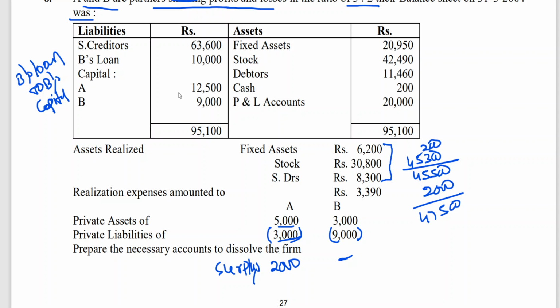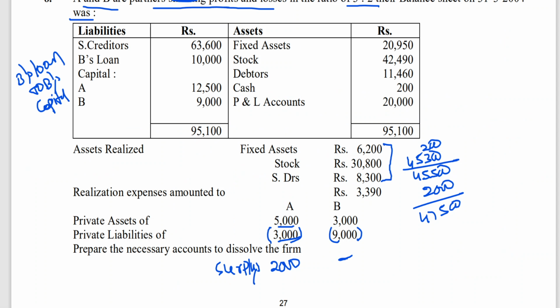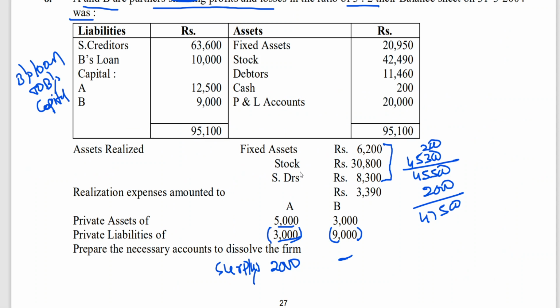Now A's capital 12,500, B's capital 9,000. By balance brought down 12,500. 9,000. Clear to all of you? Now, then this is completed. Then we can go for realization of assets.